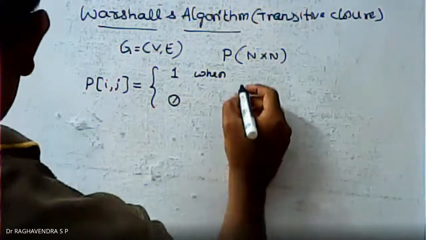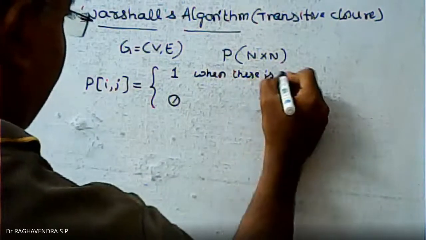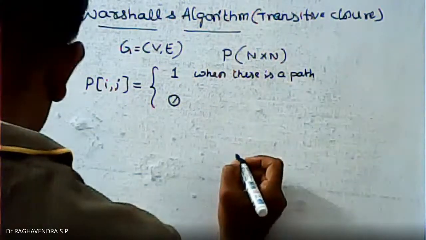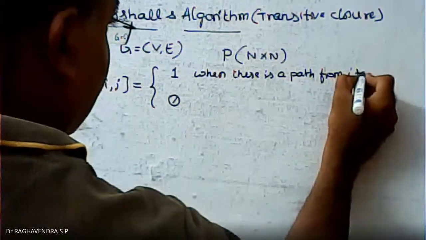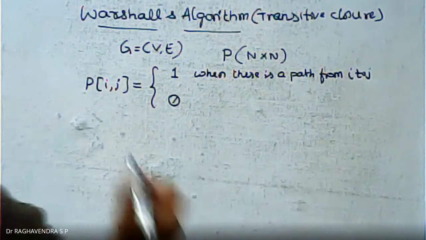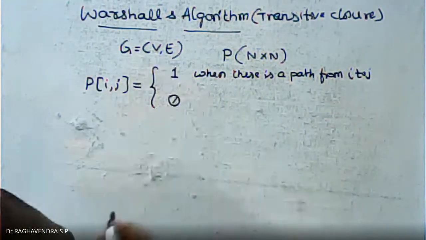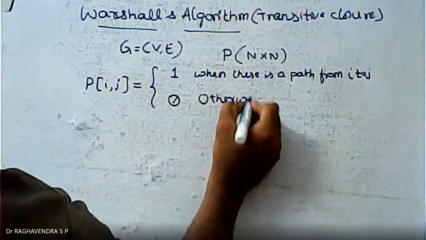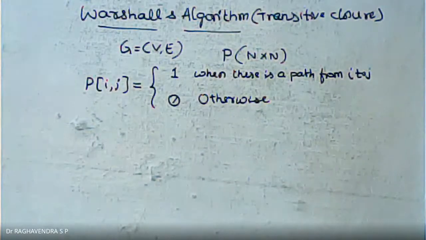When there is a path from I to J, it becomes 1. It is 0 otherwise, if there is no path from I to J. So we take this.